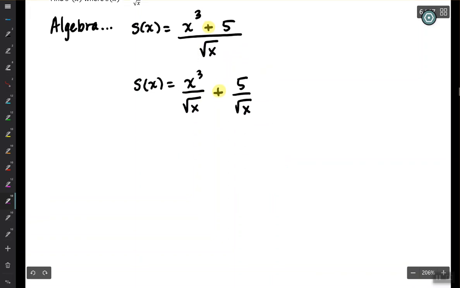Why do I want to decompose this fraction? Because x cubed all over square root of x can be simplified to a power of x. Remember, the square root of x is x to the 1/2 power. So let's do that on each of these.